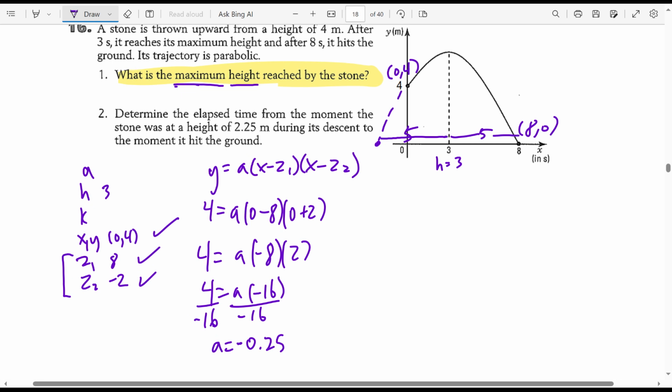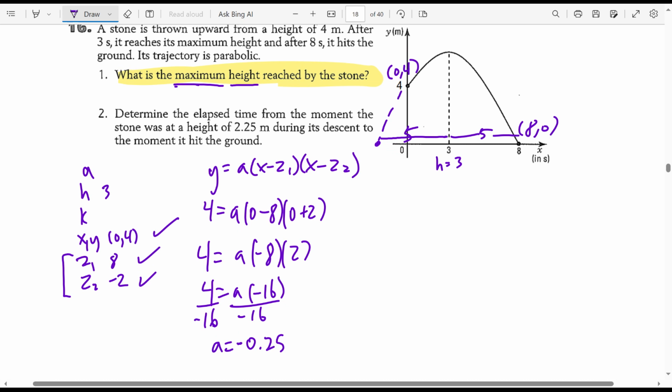Oh, okay. So the form is x minus z1. When you put it into the formula, you've got to take that negative into account. The 8 was positive, so it would just go x minus z1, so 0 minus 8, because the formula says subtraction has to go in between those two things.